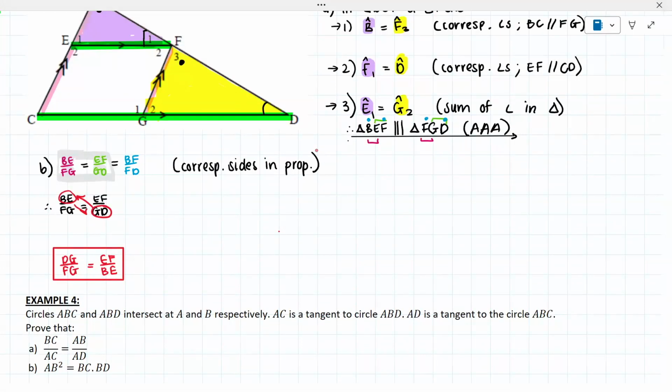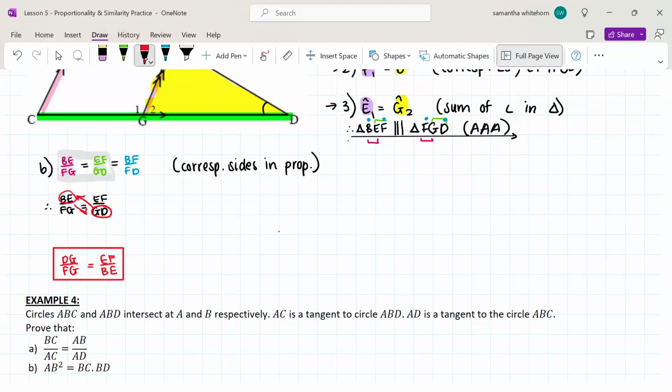Now it is just a simple switch, and you're welcome to just do a simple switch. There's nothing wrong with that. There is mathematical reasoning why you would do that. To get GD out of the denominator, you would have to multiply both sides by GD, and to get BE out of the numerator and into the denominator, we'd have to divide both sides by BE. I don't need to see all of that.